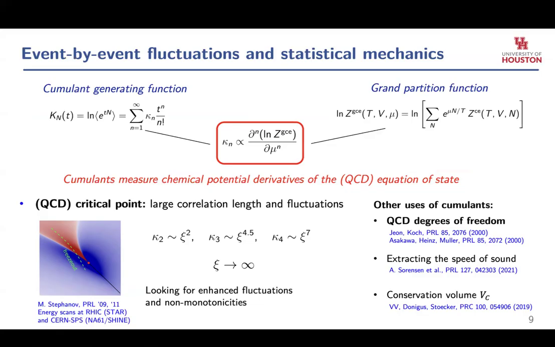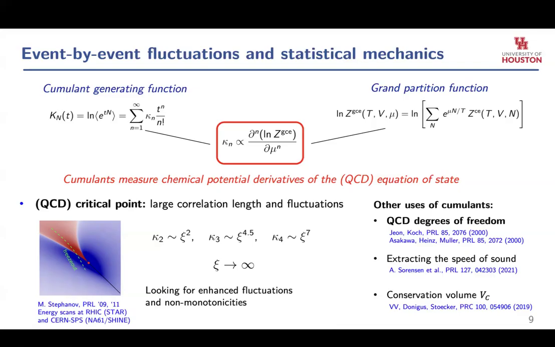That brings me to this part about event-by-event fluctuations, which we usually use in heavy-ion collisions to look for the critical point. There are different ways of looking at why fluctuations should be sensitive to the critical point. One way is to consider equilibrium statistical mechanics. You will observe that derivatives of the grand partition function are nothing else but cumulants of, for instance, the baryon number distribution. In the grand canonical ensemble, in equilibrium, of course, but nevertheless, theoretically, high order derivatives, and the critical point is a singularity, so you expect these things to be sensitive to the critical point.